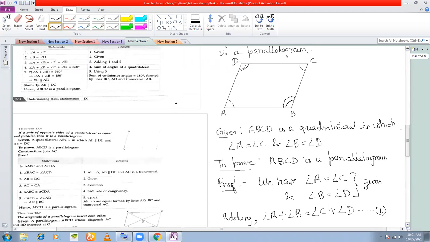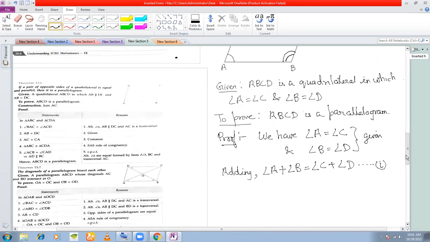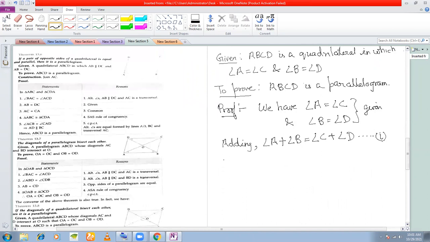Now because ABCD is a quadrilateral, the sum of interior angles of a quadrilateral must be 360 degrees, right? So also, angle A plus angle B plus angle C plus angle D is equal to 360 degrees.